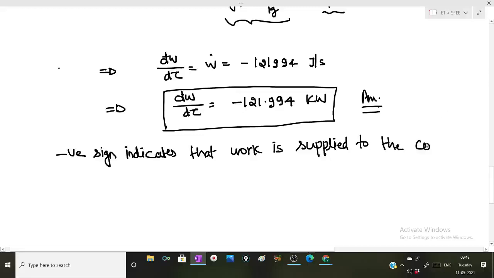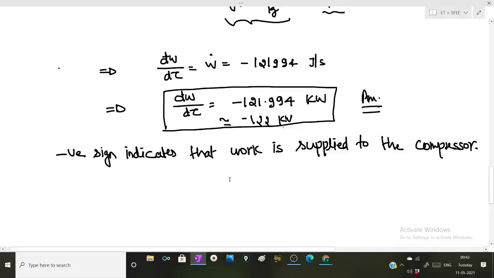Obviously, we supply some electrical work input to the compressor to compress the air. Okay, so this way I can solve this numerical. Approximately, I can also take it as minus 122 kilowatt.